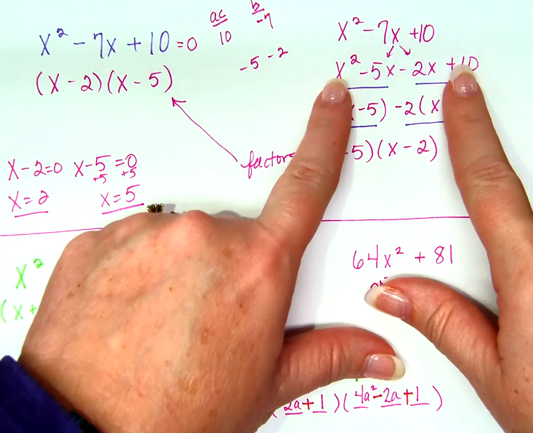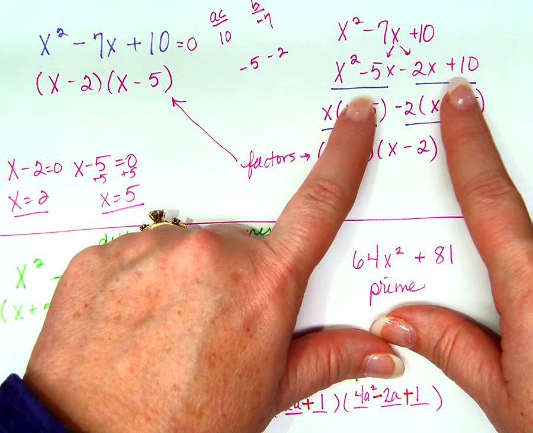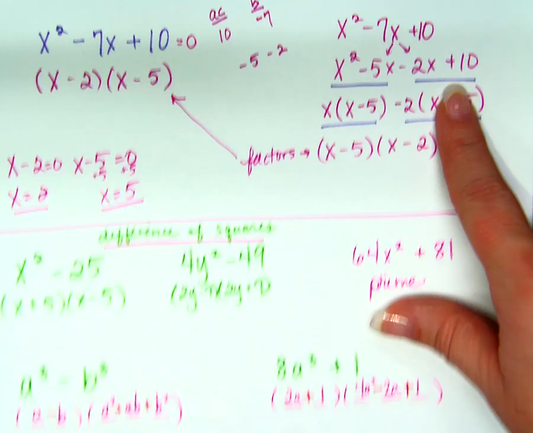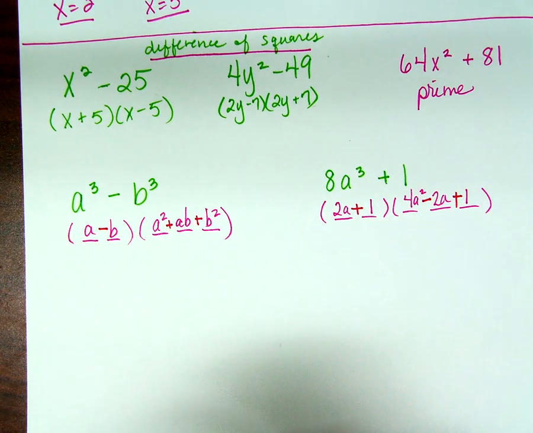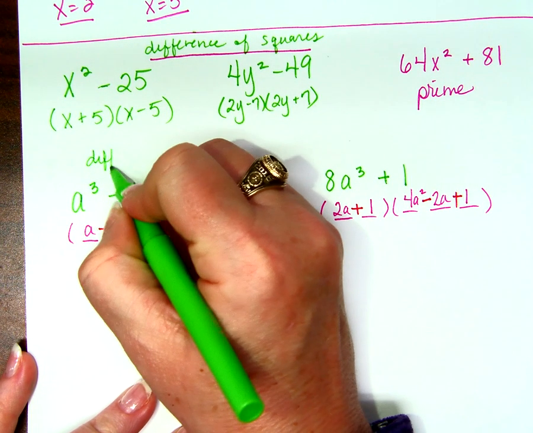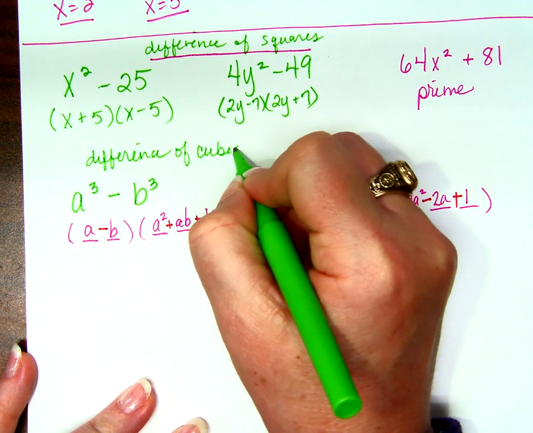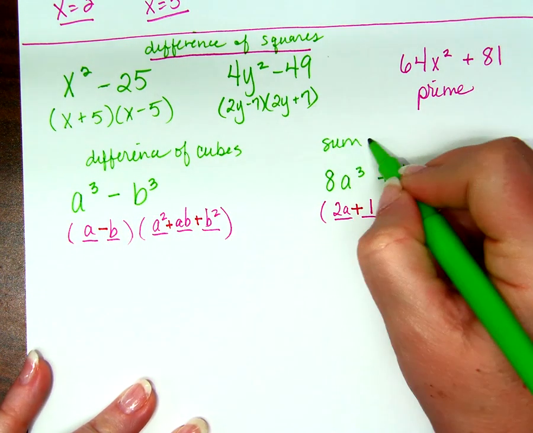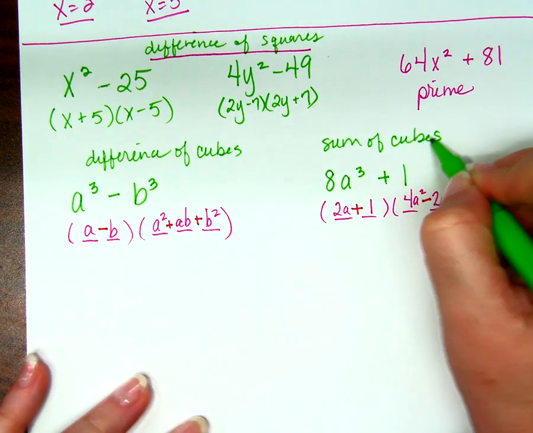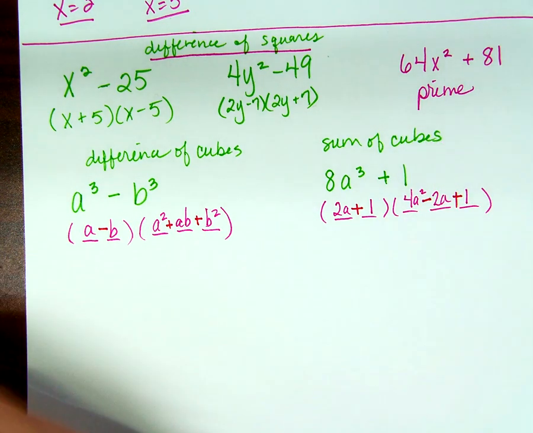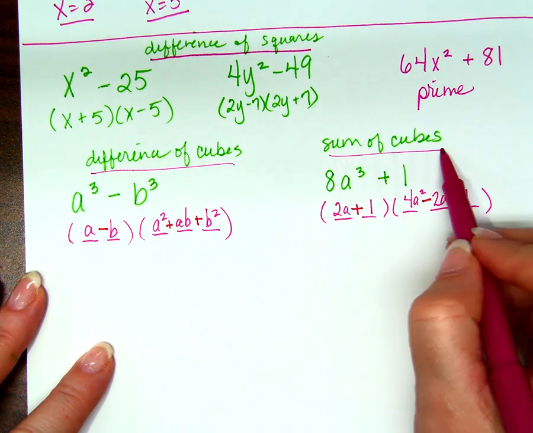So I didn't do a specific example I called factoring by grouping. That was kind of involved in this one right here. Okay, I'm going to go ahead and write difference of cubes and sum of cubes. So you have the name written down. Okay, difference of cubes and sum of cubes.